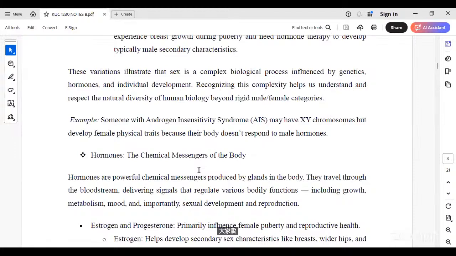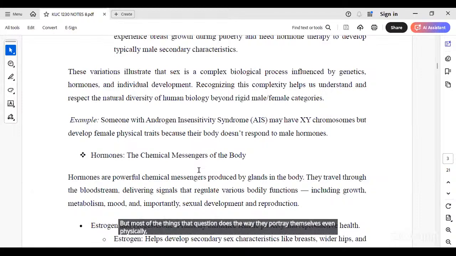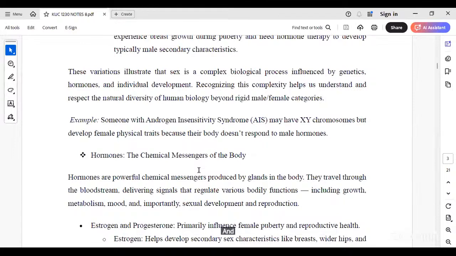So anatomically, this person is a male, but most of the things that person does, the way they portray themselves, even physically, you look at them and start thinking this is almost a woman. But when you go to the toilet, you see that person also goes to the men's. So that is how complex it is.